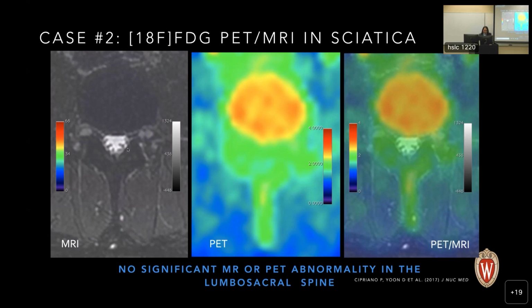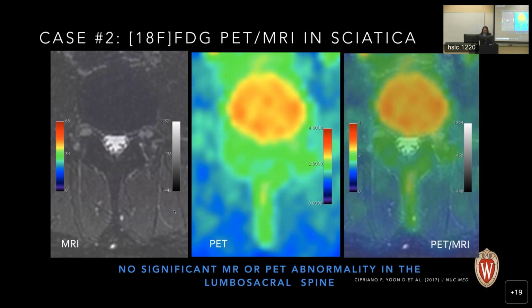And lo and behold, we see a normal PET image, meaning there's really not much uptake in the spinal canal region or in the nerve foramina. We do have some normal physiologic uptake in the vertebral marrow. But it's a pretty normal looking PET scan and a normal looking MR scan, which is what he also professed, that the MRs were normal.